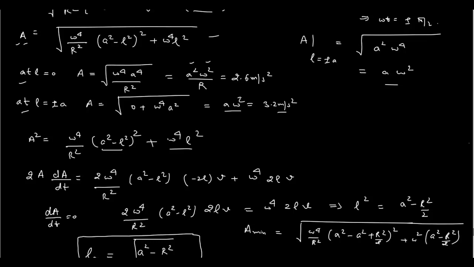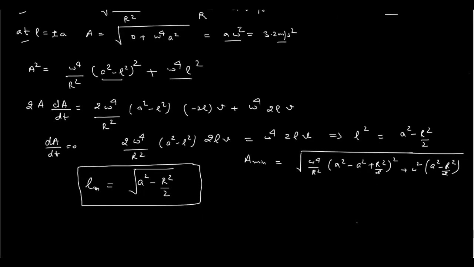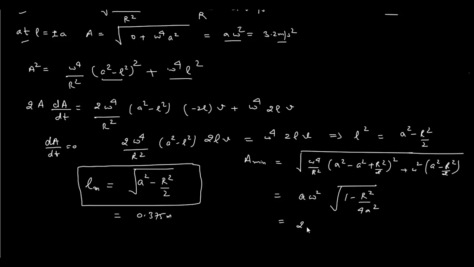And if you solve it, you will get A minimum as A omega square 1 minus R square by 4A square. And substituting the given values for A, omega and R, you will get L minimum as 0.375 meters, and this A minimum as 2.5 meter per second square, and these are our desired results for the second part.